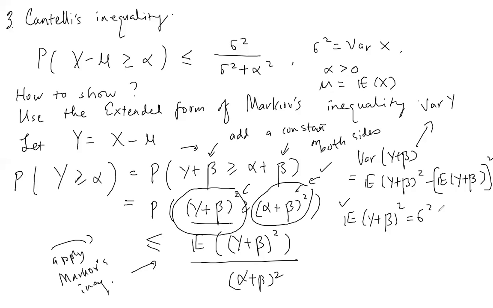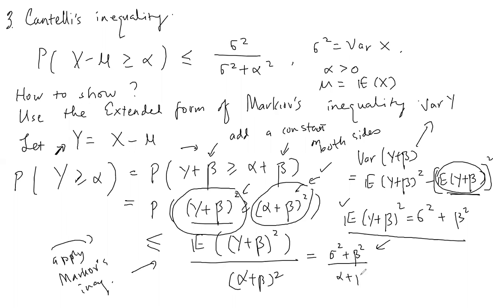So it'd be sigma square plus this guy, beta square, because the expectation of y is 0, because this is a centered form. So your expectation of y plus beta is just 0 plus beta. So you basically have this expectation equal to sigma square plus beta square. So you get sigma square plus beta square over alpha plus beta square.